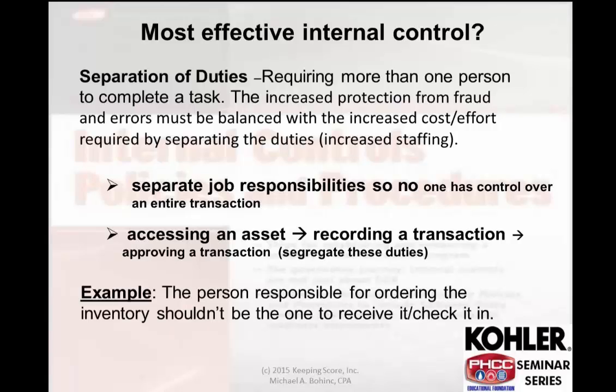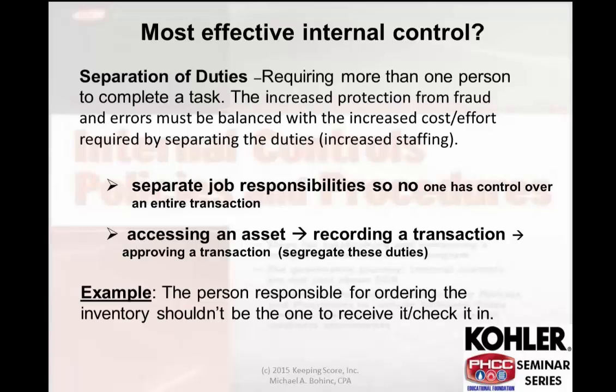So you have to look at the increased protection from fraud occurring, theft of the materials or cash or accounts payable, what have you, or any physical assets a company has, versus the increased cost to add that second person in the office. So you have to balance those out.